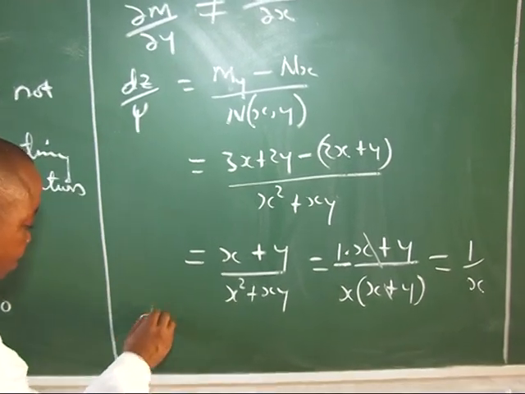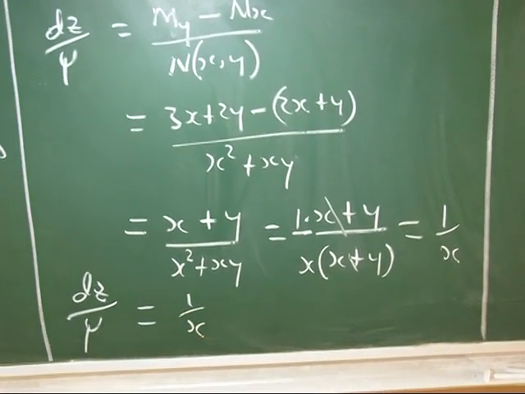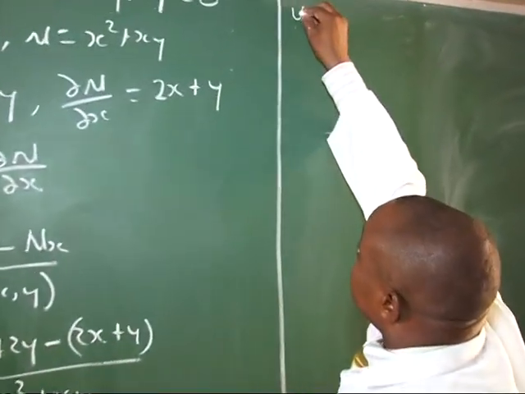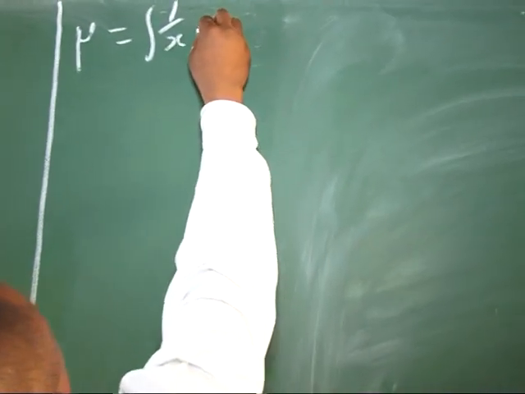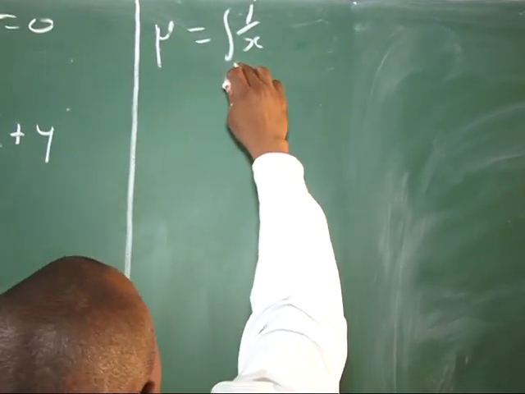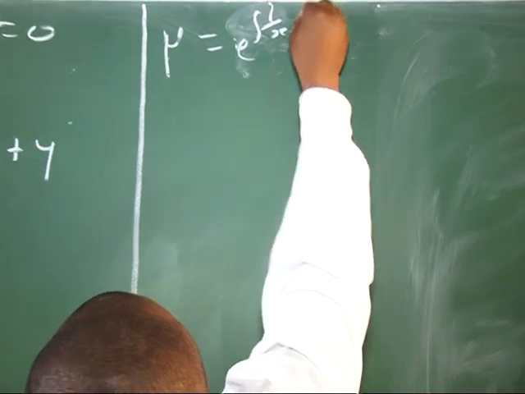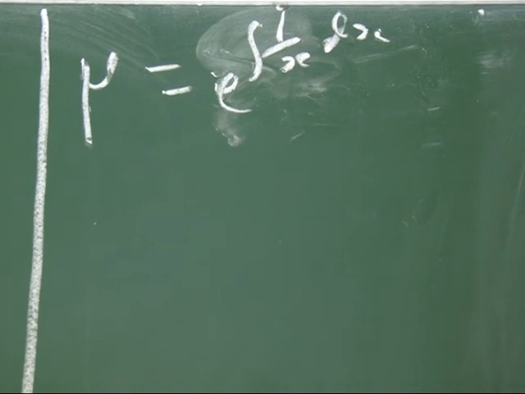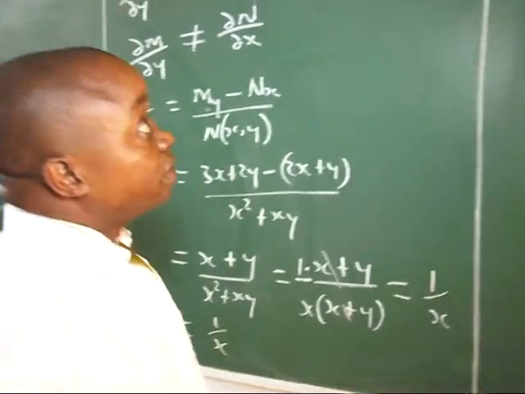So I'm going to integrate dz over mu, which is equal to 1 over x. And if I integrate this, mu will be equal to exponential of the integral of 1 over x dx, because we will integrate it with respect to x, since this function is a function of x only.